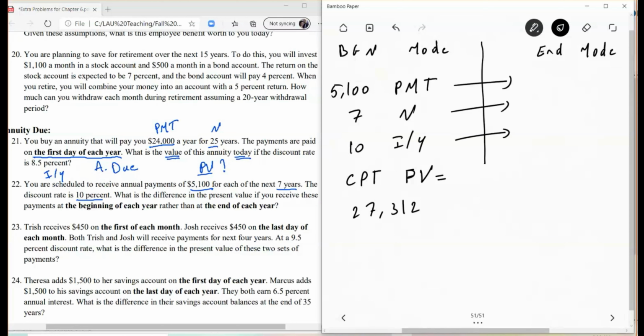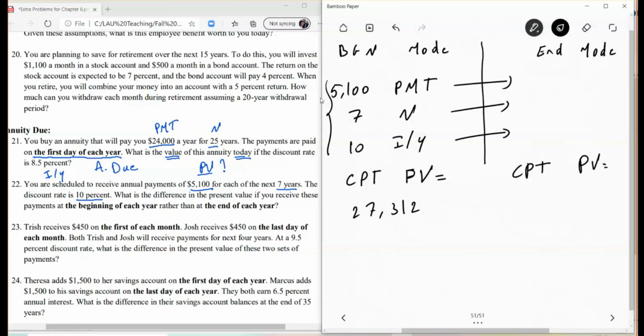Now, if I'm in the end mode, I still have exactly those same entries. And mainly when you go back from the begin mode to the end mode, I do not even have to make those entries because those values are already stored in my financial calculator. So I click directly on compute PV. This time, however, I will get a different answer because now my financial calculator is in the end mode.